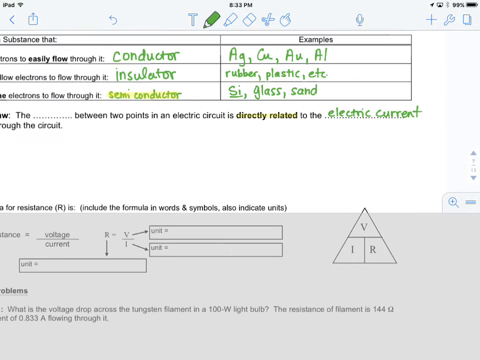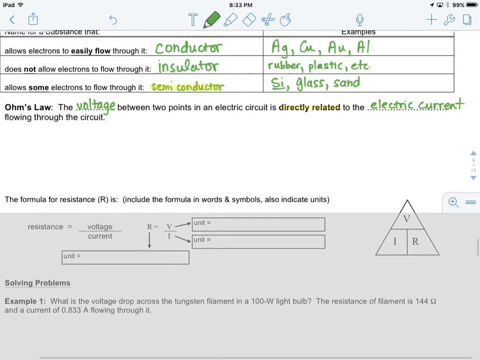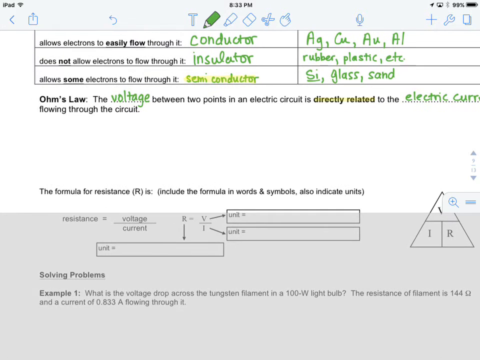And this is a big deal. So what this says is that if I have a circuit, the voltage that's flowing through any 2 points in that circuit is directly related to the electric current.